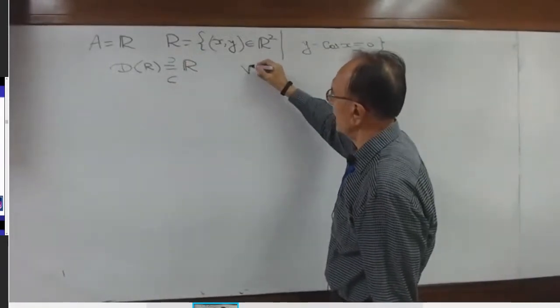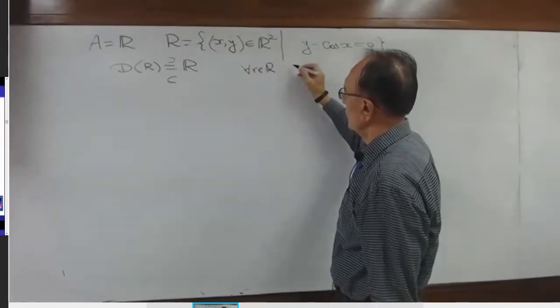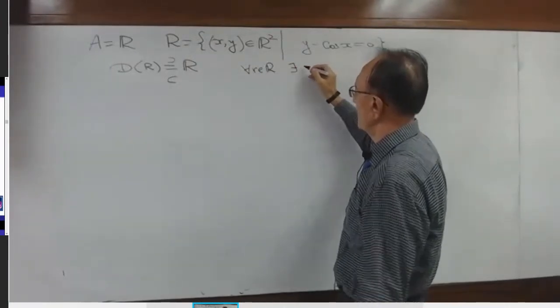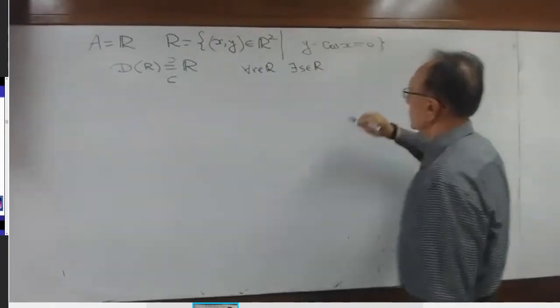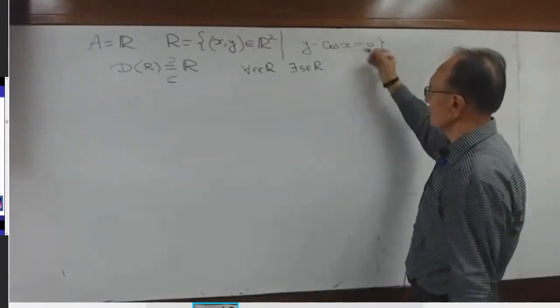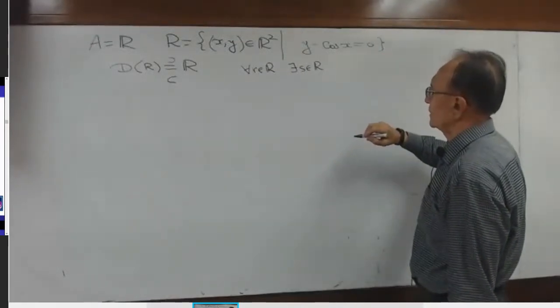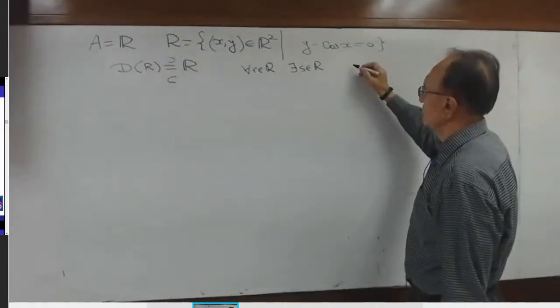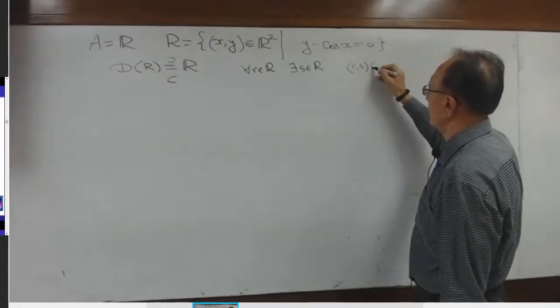I will take any r, and prove that there exists s from R such that (r, s) is in the relation.